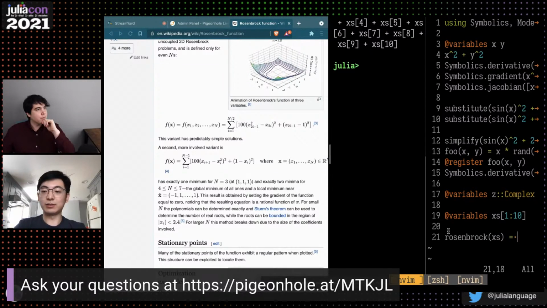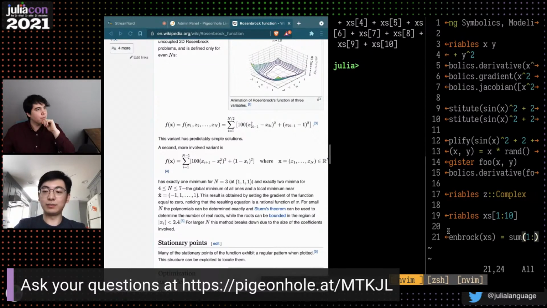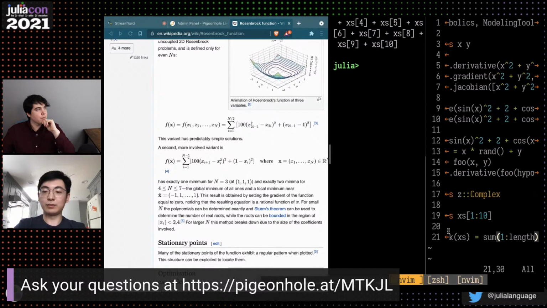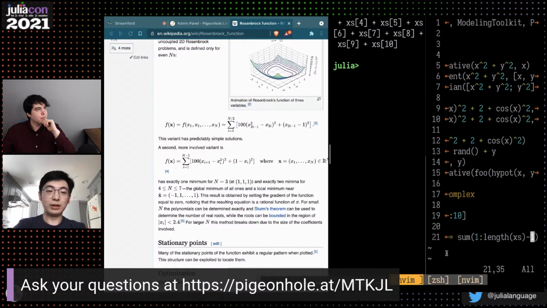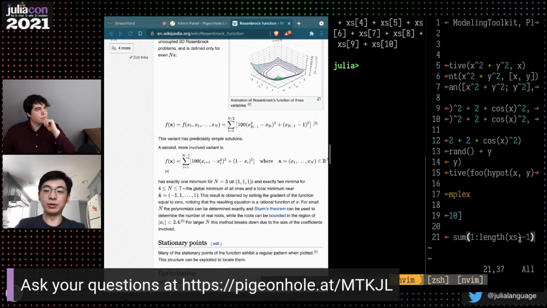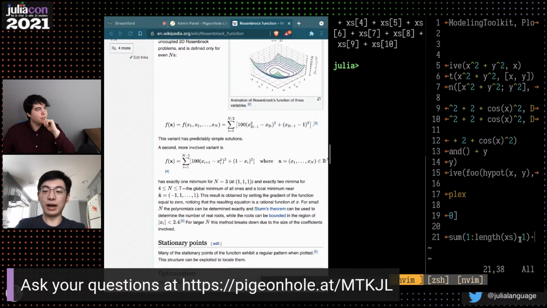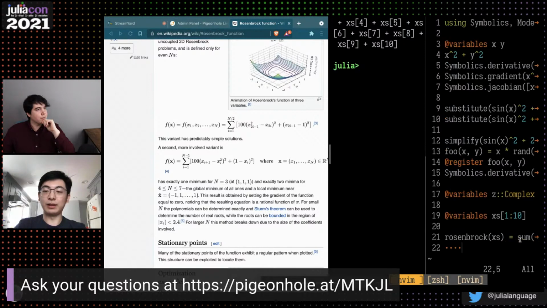Rosenbrock. So these are the i indices. It goes from 1 to the length of xs, and then it has the index i.